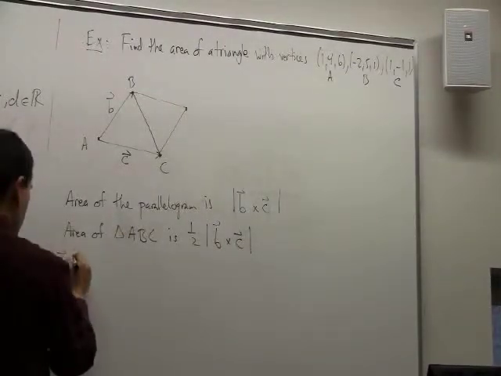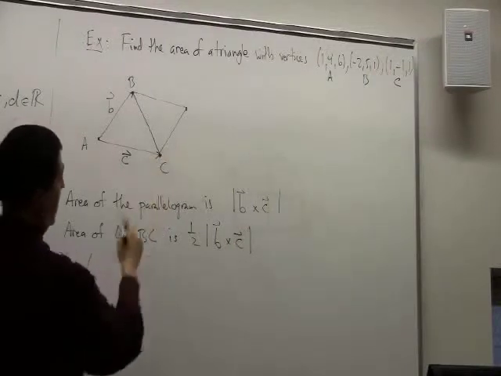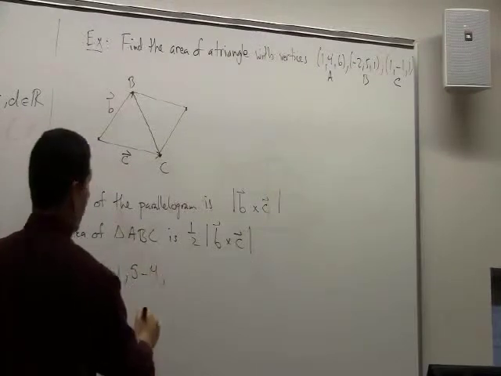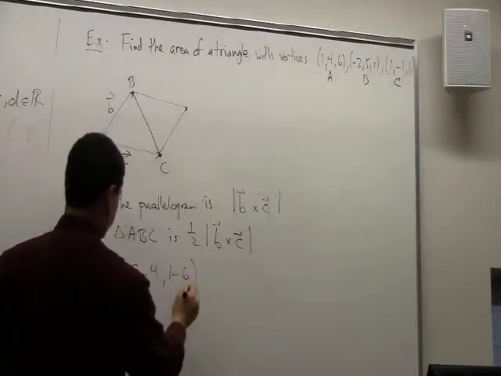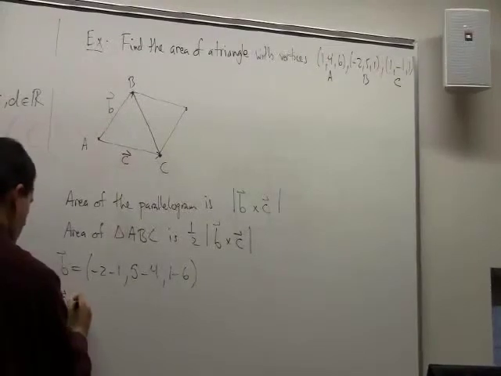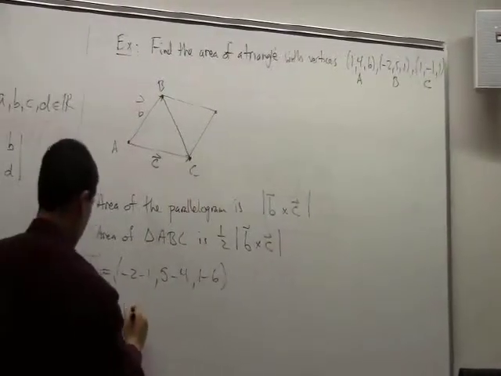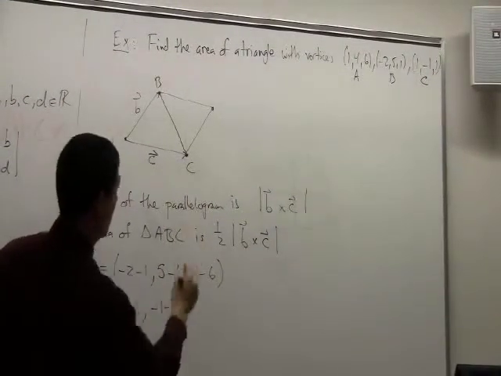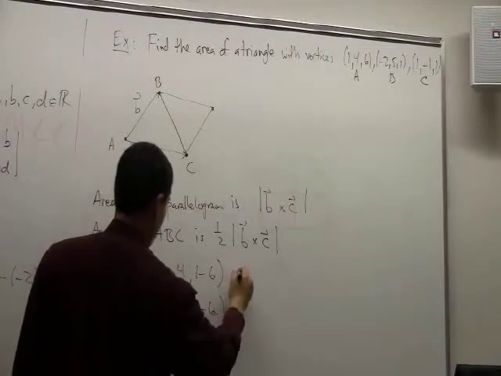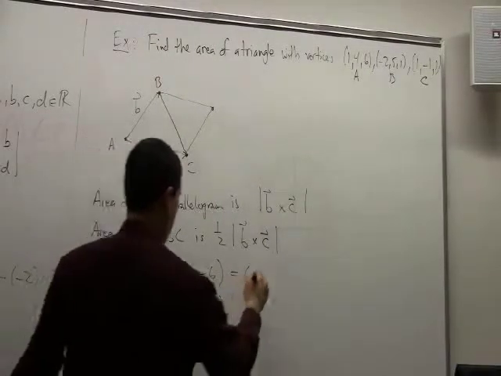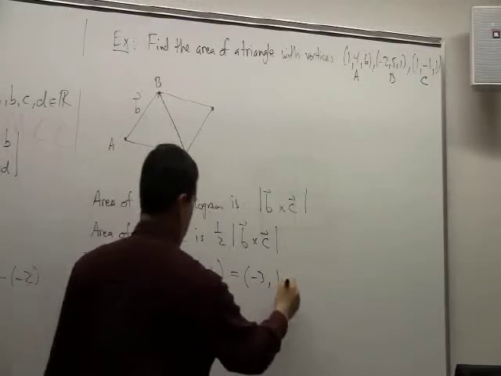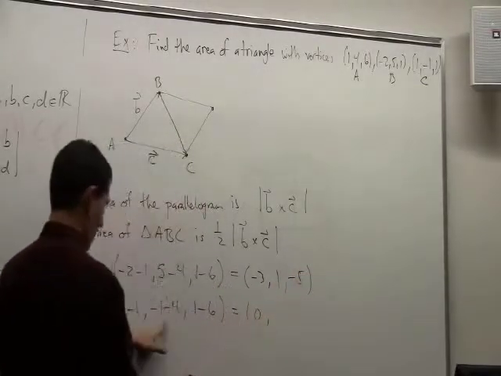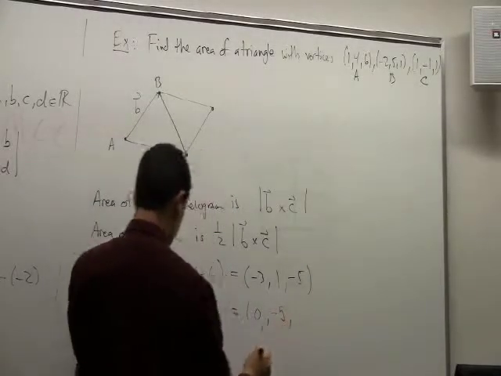So B is given as -2 minus 1, 5 minus 4, 1 minus 6. And C is 1 minus 1, -1 minus 4, 1 minus 6. So B is (-3, 1, -5). And C is (0, -5, -5).